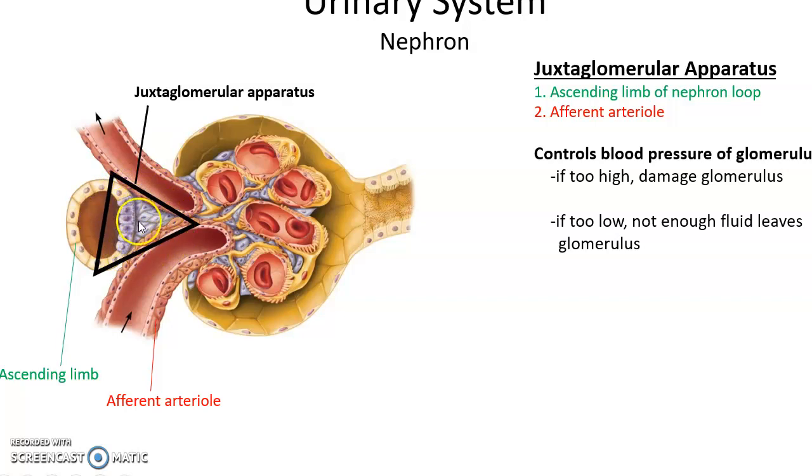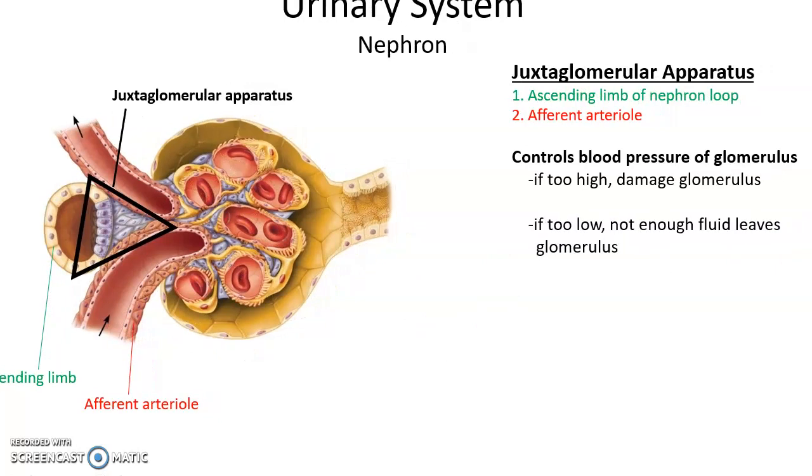This structure is very important because it helps to control the blood pressure within the glomerulus. If the blood pressure in the glomerulus gets too high, then that could damage the glomerulus, leading to kidney problems. If the pressure in the glomerulus is too low, then not enough filtrate will be produced, and the blood will not be properly regulated, and its composition will go out of sync.